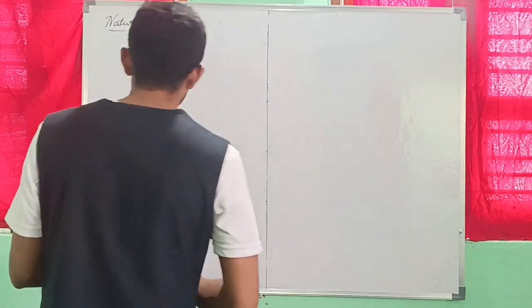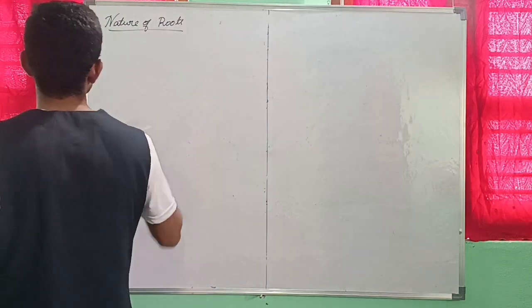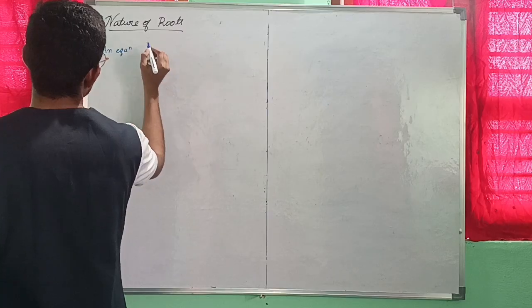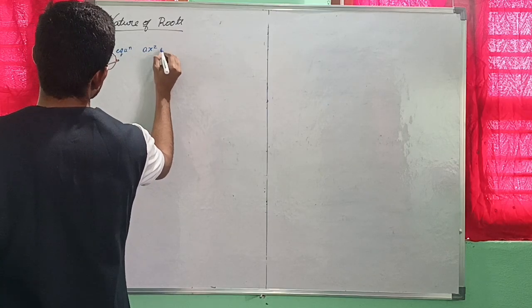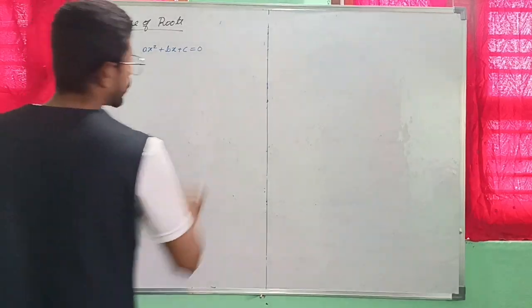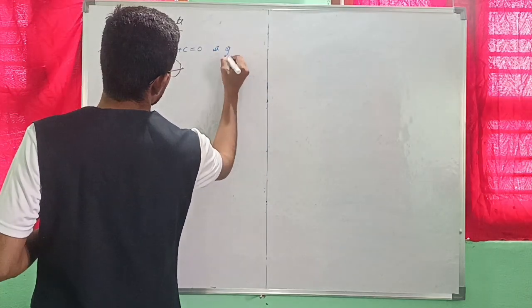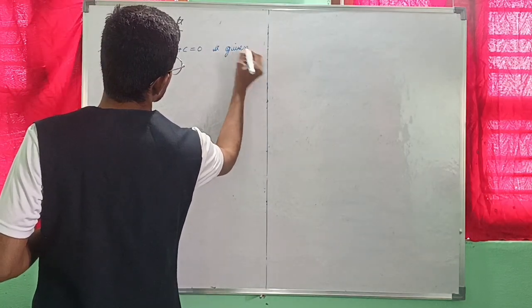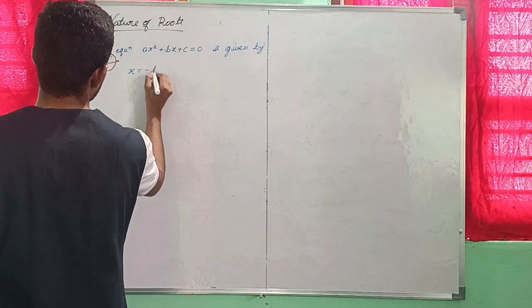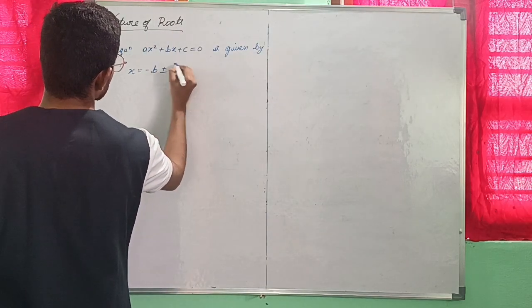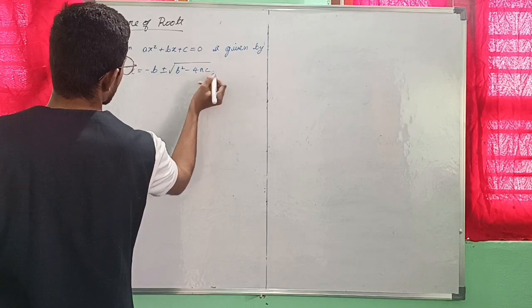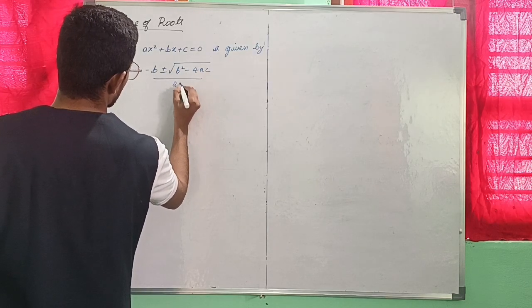Let us consider an equation ax squared plus bx plus c equals 0. Its solution is given by x equals minus b plus or minus root of b square minus 4ac, whole divided by 2a.